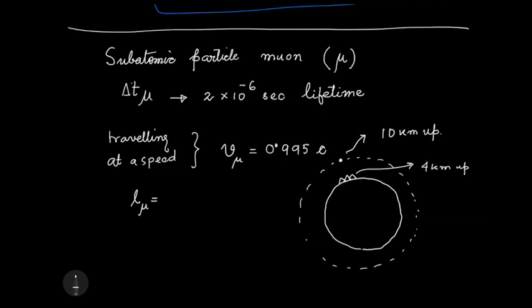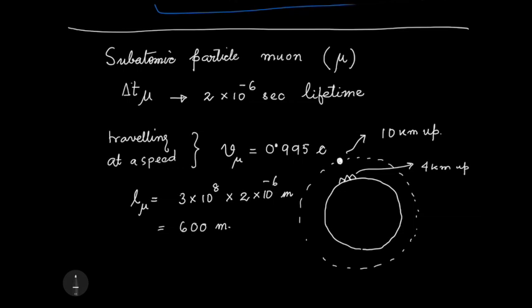Let's take c, 3 into 10 to the 8 meter per second, times this many seconds, 10 to the minus 6. So this much meters it will be able to travel, which is only 600 meters. So it's produced here at the upper atmosphere. It can only come down 600 meters before it disintegrates, but it is still found 6 kilometers away.